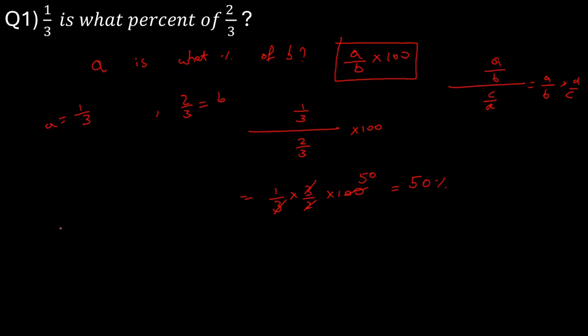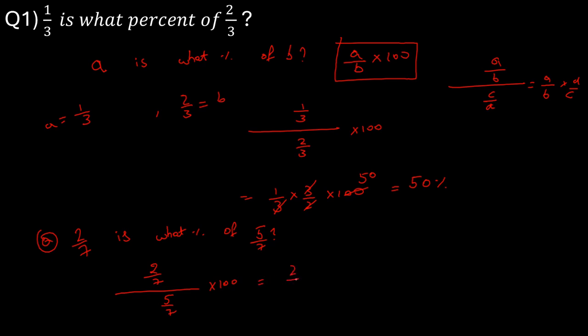Let us try one more example here. 2 by 7 is what percent of 5 by 7? So this can be calculated by dividing 2 by 7 upon 5 by 7 into 100.